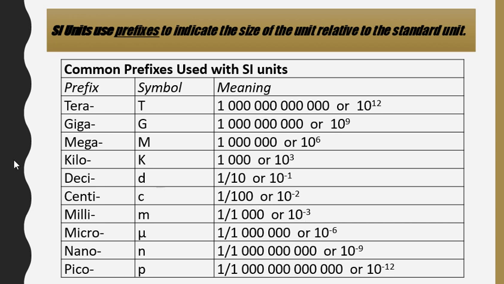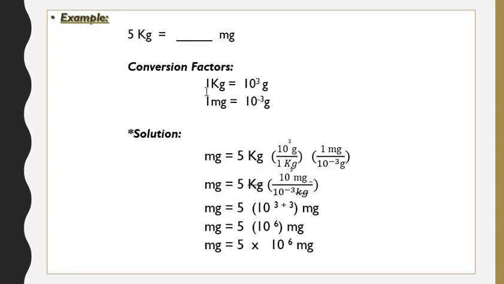Okay, let's go back to the example. 1 kilogram is 10 to the power of 3 grams, which I took from the table again. Then, 1 milligram is 10 to the power of negative 3 gram. Now, let's do the solution.